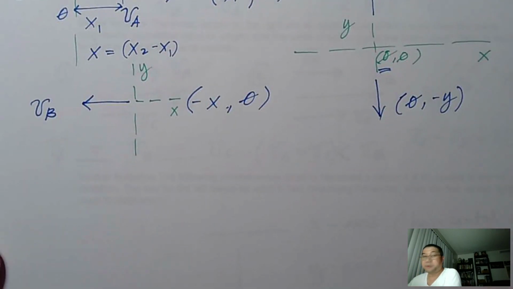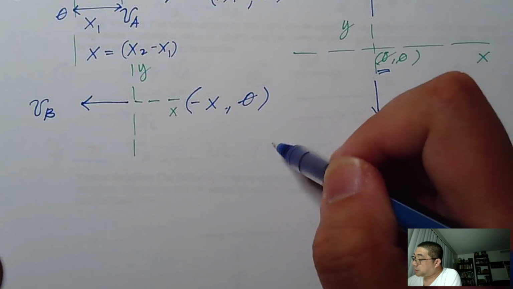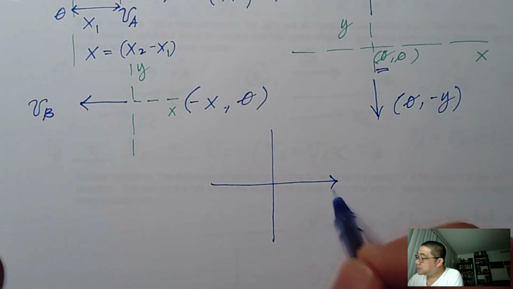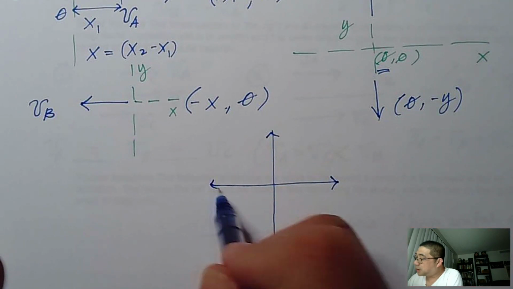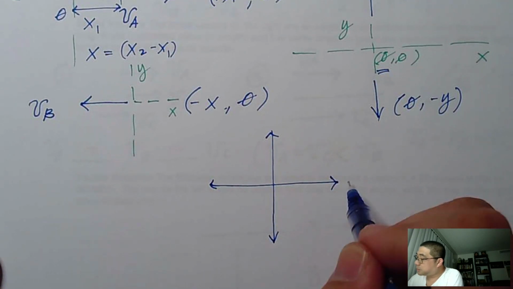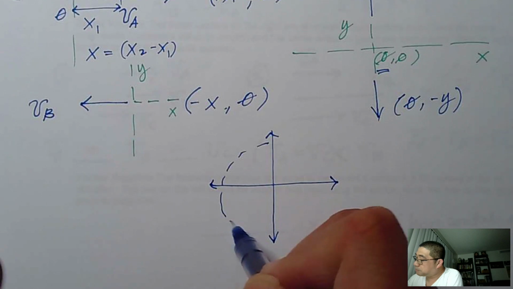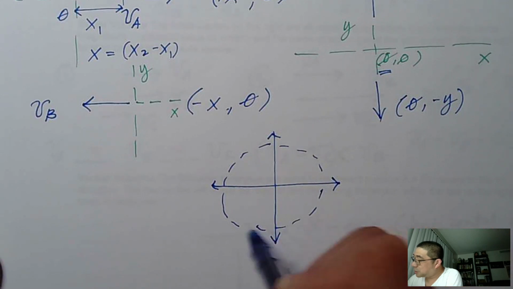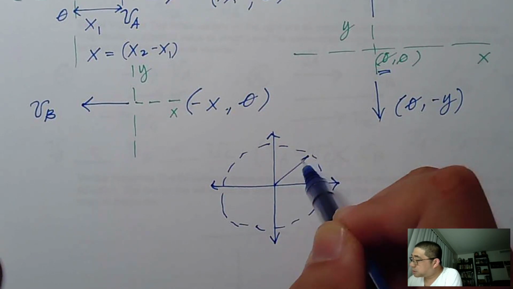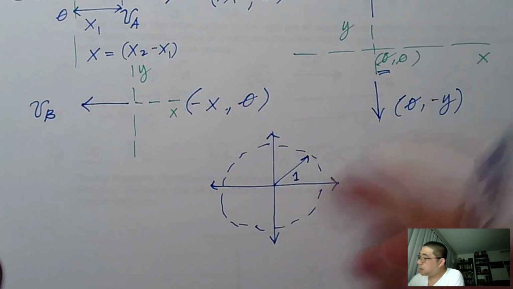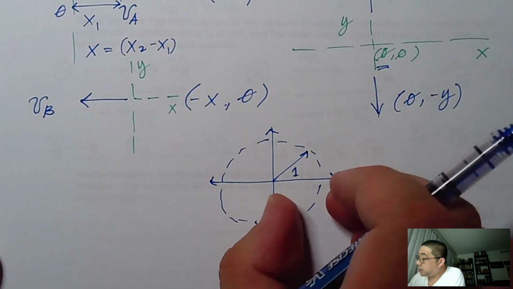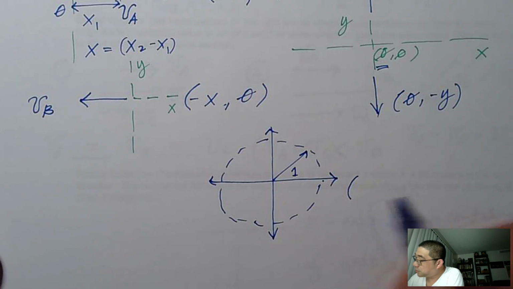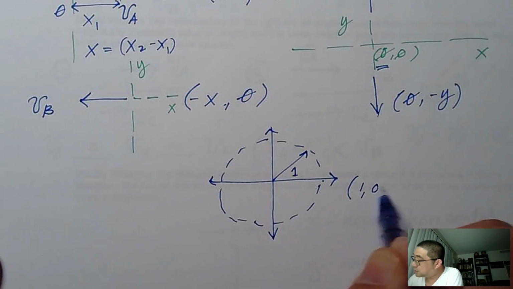So 0, negative y. Where did we see this before? It's very simple. With our topic on unit circle in your math class, if this is your x-axis and this is your y, and I draw a perfect circle around it with a radius of 1, then when this radius 1 is along the x-axis, the value is 1 and then 0.